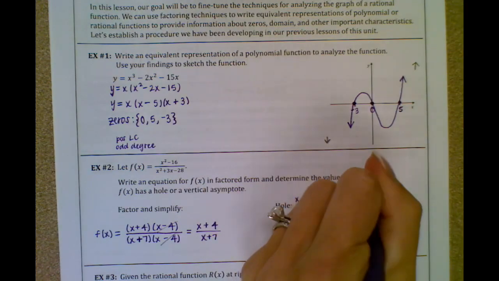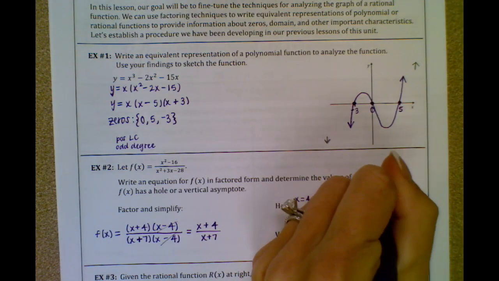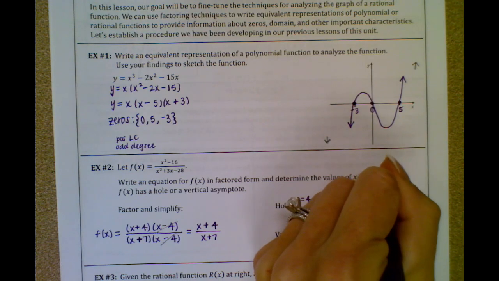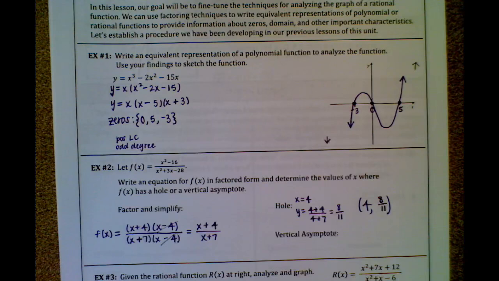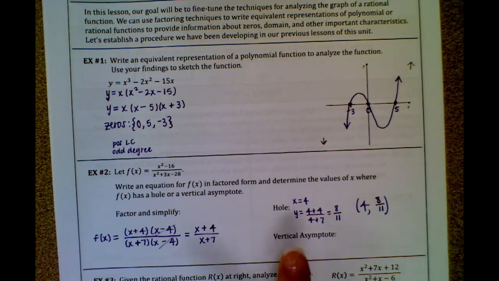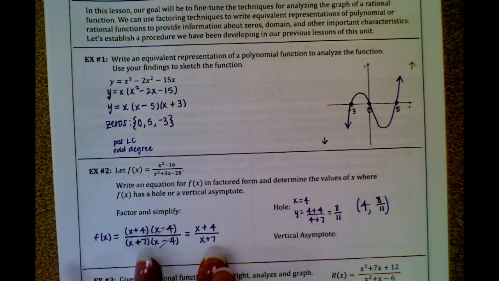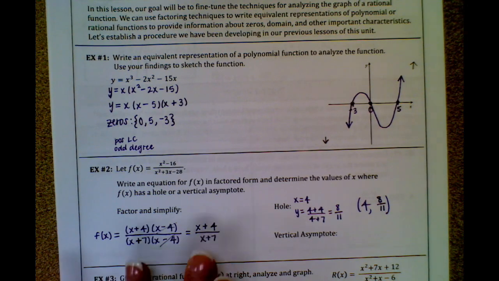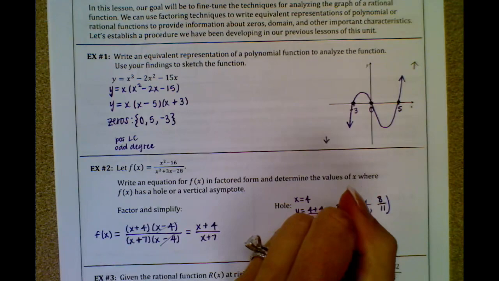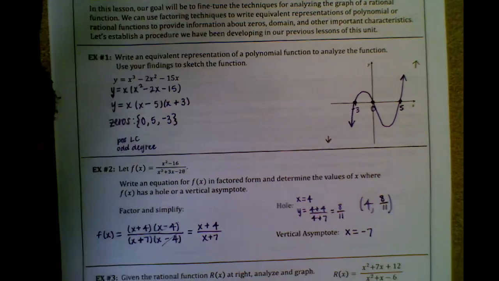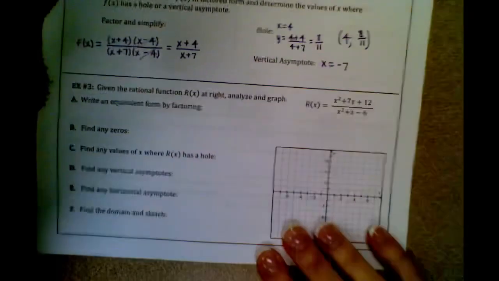So my coordinate point is 4, 8 over 11. Okay? And then my vertical asymptote is, remember, in the denominator, set the denominator equal to 0, so x would equal negative 7. Okay, so this is so far just kind of like a review of everything.